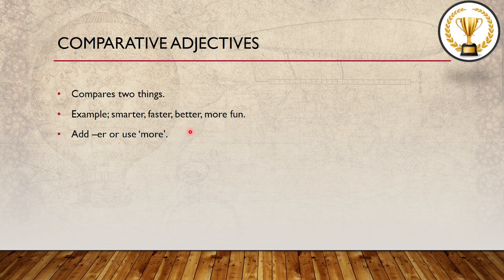So to compare the two things, you will use these comparative adjectives. What is special about these comparative adjectives is you add an er or use the word more at the start. If you use the word more, you put it in the front of the adjective. If you are using er, you put it at the end. So in the indicative adjective, we use smart, but when you are using it in the comparative adjective, it's smarter, right? In indicative adjective, it was fun. In comparative adjective, as you compare two things, more fun, right?